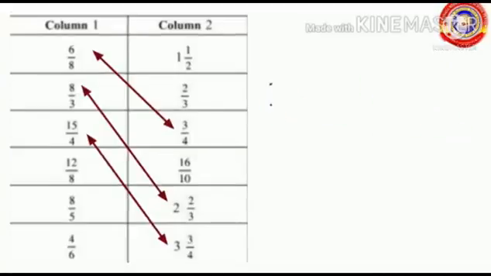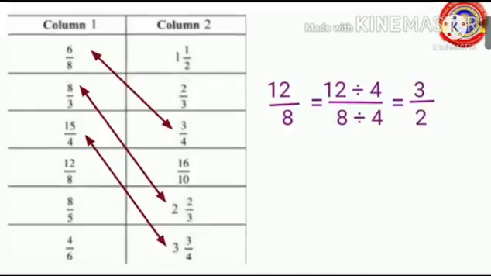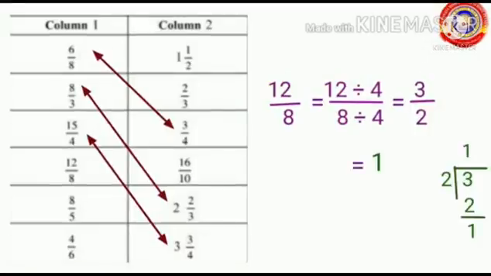Next, 12 by 8. Here at first, we need to find the equivalent fraction of 12 by 8. We can divide 12 and 8 by 4. So divide 12 by 4 and 8 by 4. 12 divided by 4 equals 3, 8 divided by 4 equals 2. That is 3 by 2. 3 by 2 is an improper fraction.